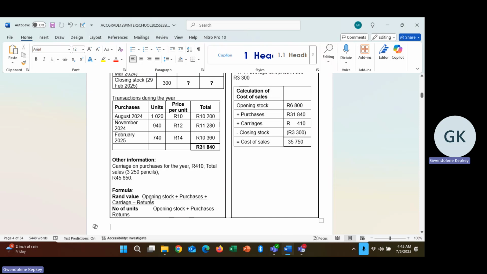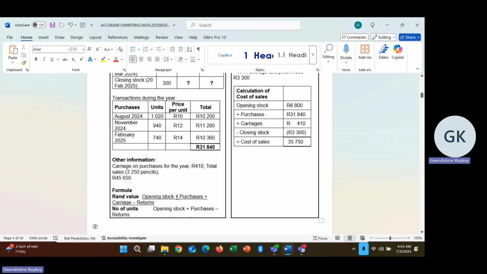So looking, our numerator will be my opening stock, rand value. Then I will add my purchases. Then I will add my carriage. And then I will deduct my return. Sorry, that is now not in one row, but let's go through it.